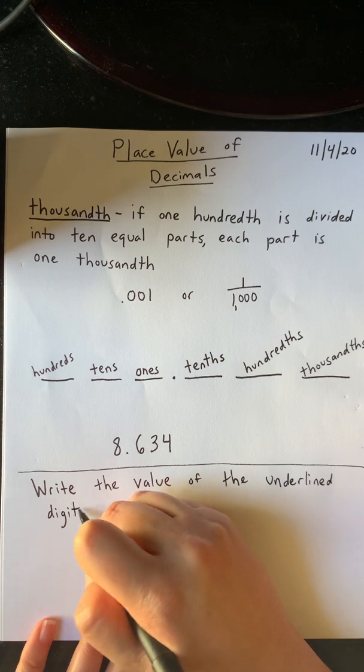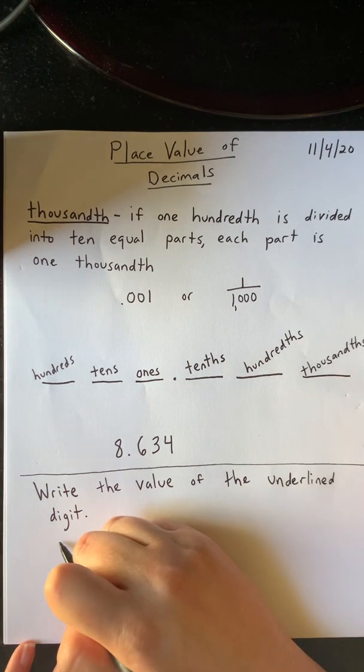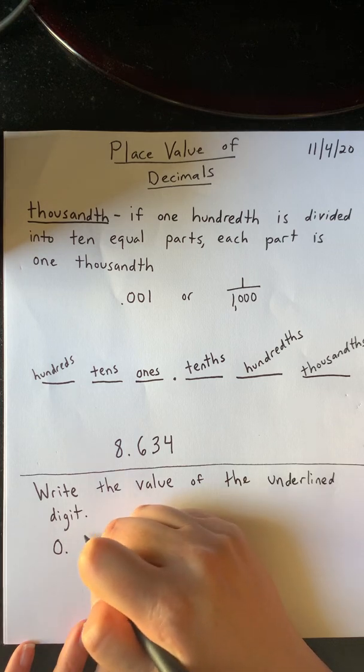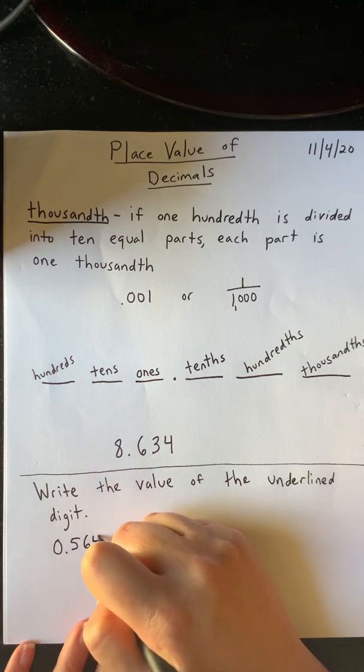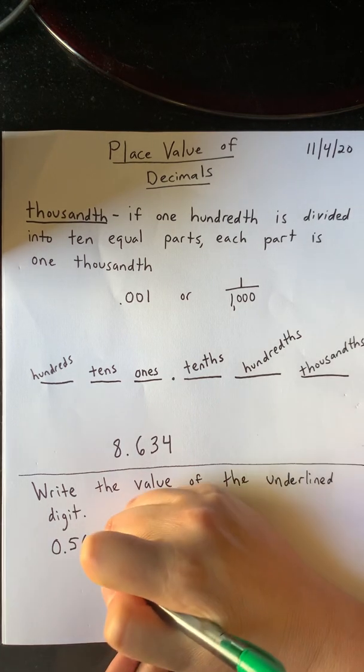You're going to have the same directions on your classwork. So let's go with 0.564. And by the way, we'll get into how to read them properly in the next lesson. For this lesson, I just want you to get used to your decimal place value chart and finding places and values. So I'm going to go ahead and I'm going to underline the 6.